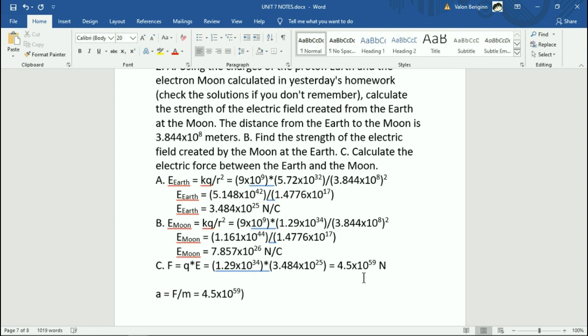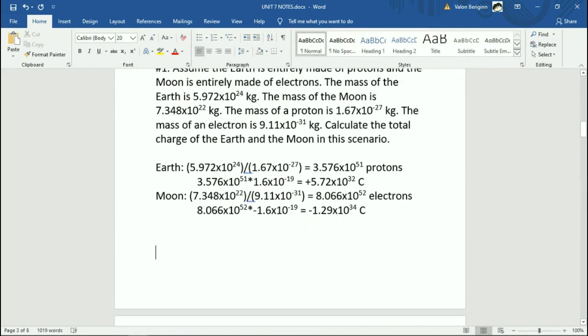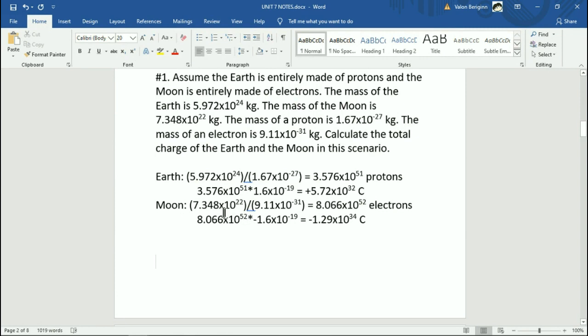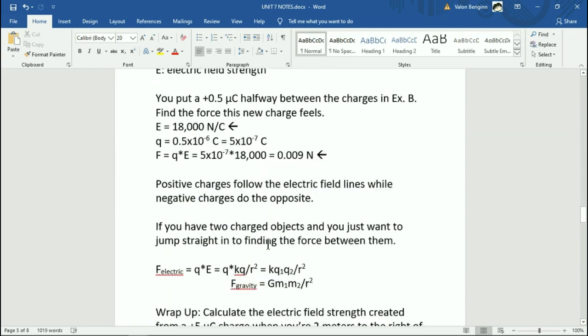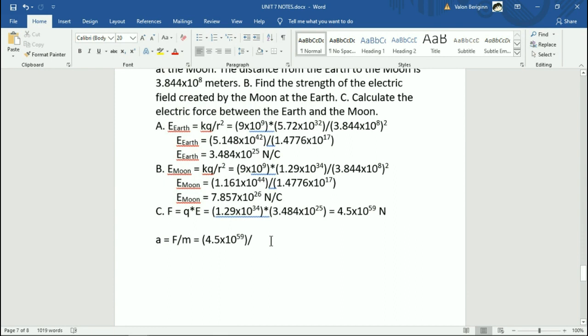We want to divide by the mass of the Moon, which is something that I put away up here. I don't remember. Mass of the Moon. This was the mass of the Moon. We're already so many pages in.